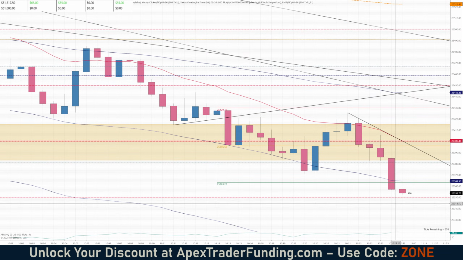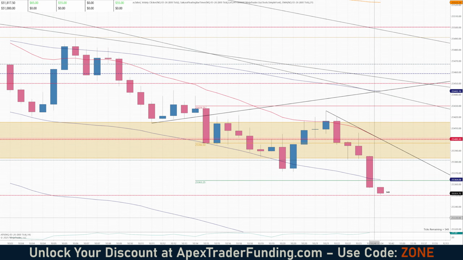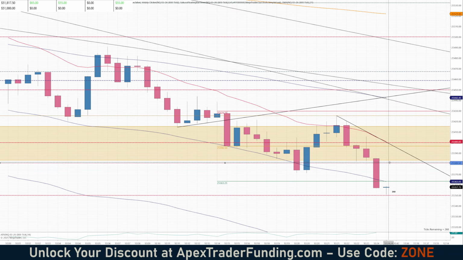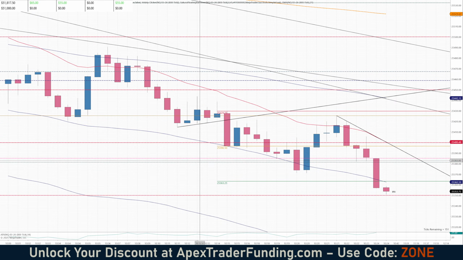Okay, we finally hit the target on the bearish move. Golden ruler moves down. Runner moves down. Let's go ahead and delete this zone. This zone is no longer valid.